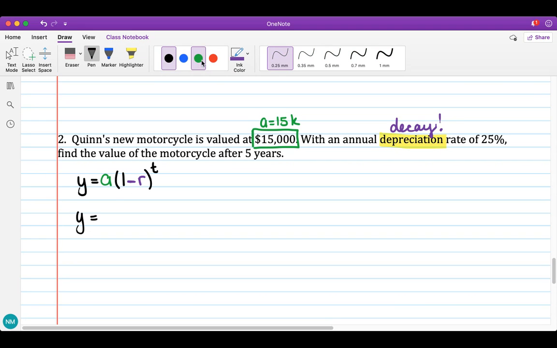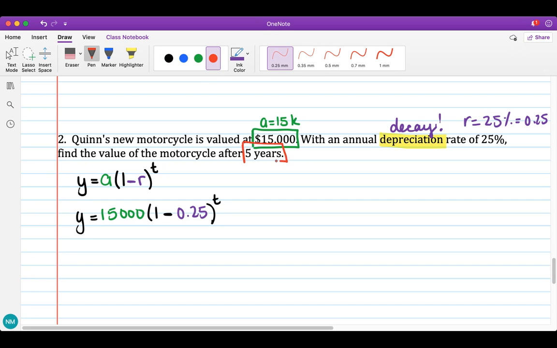So y equals $15,000. And then I have 1 minus, and what is my rate? My rate of decay is 25%. R equals 25%. But what is that as a decimal? 0.25. So I have 0.25 to the t. Now, what is t?